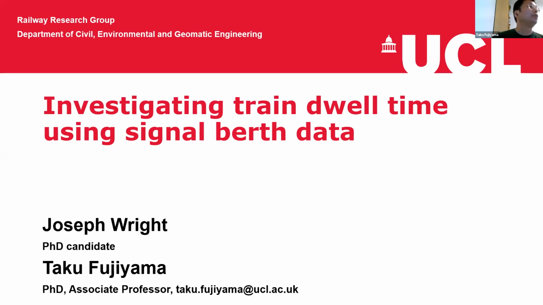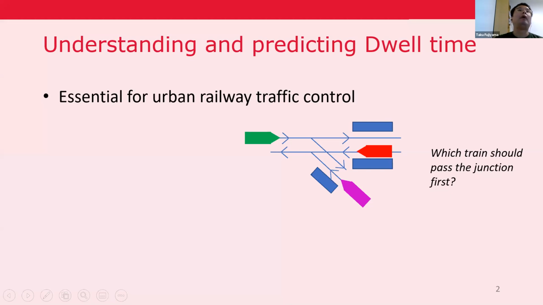Today I'm going to talk about investigating train dwell time using signal block level data. Understanding and predicting dwell time is very important, not just for train service planning, but also real-time railway traffic control.